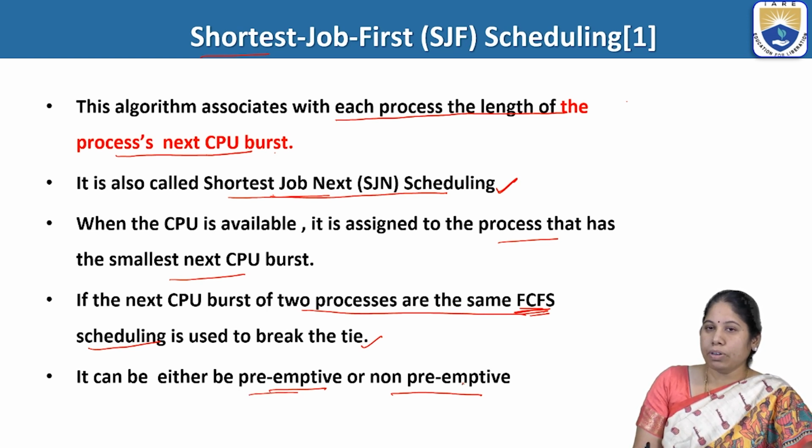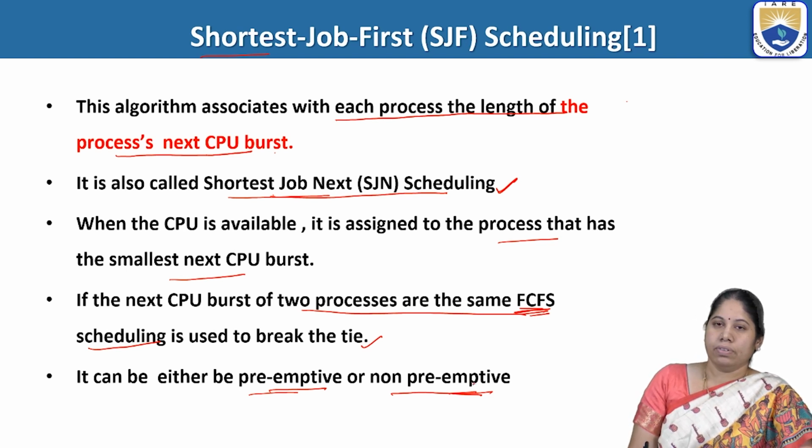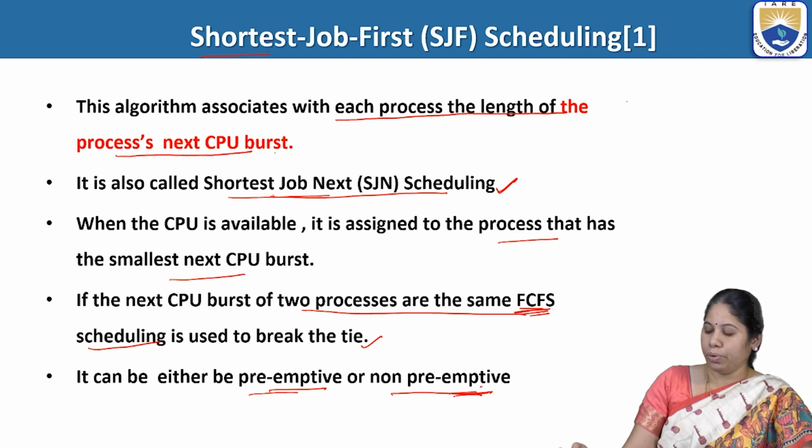In non-preemptive mode, you are unable to take away the CPU forcibly from a process. The process can voluntarily give it up. That is allowed. That is nothing but non-preemptive mode. This we have also discussed in the previous sessions.